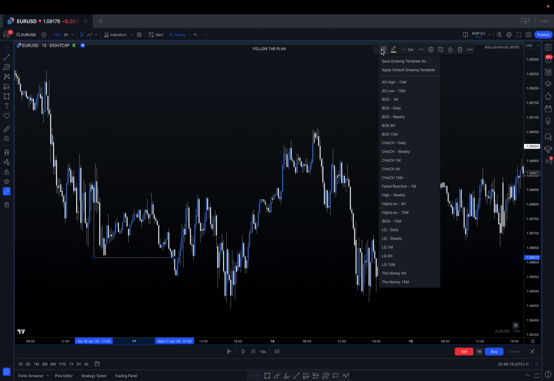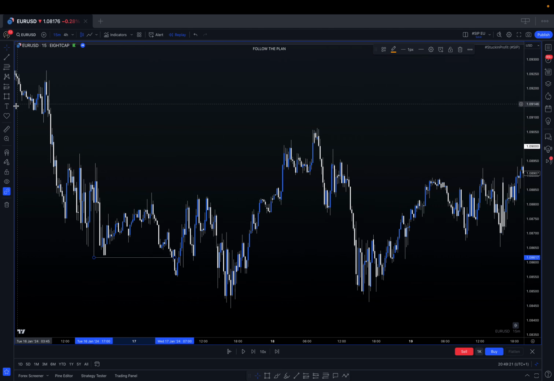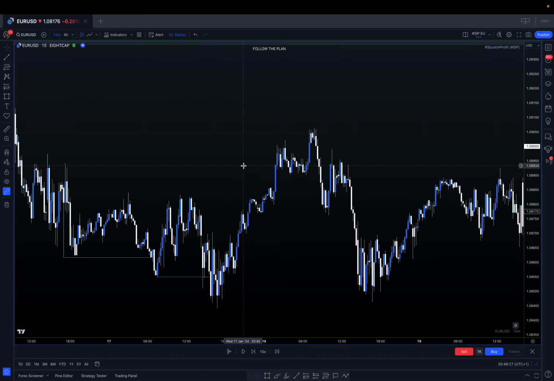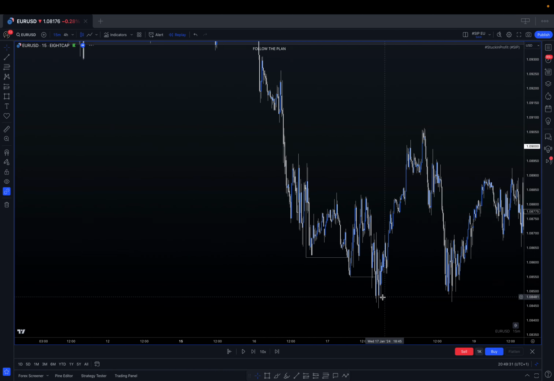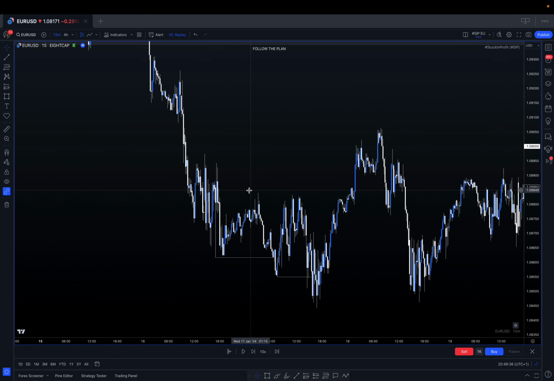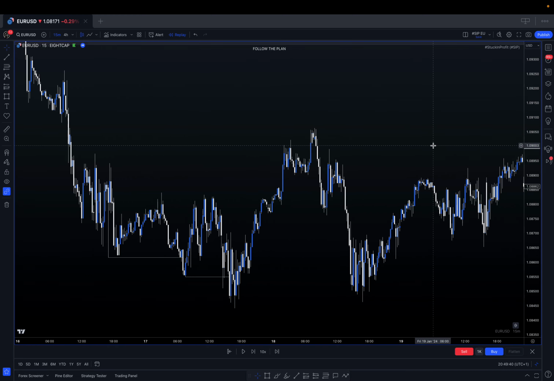So that's a 15 minutes break of structure to the downside. A clear order flow was in place, and then we also had this clear order flow. So we could see that the market was trending downwards. However, after this low was registered, the market pulled back and took out this high, all of these highs here, and eventually we had that, right?